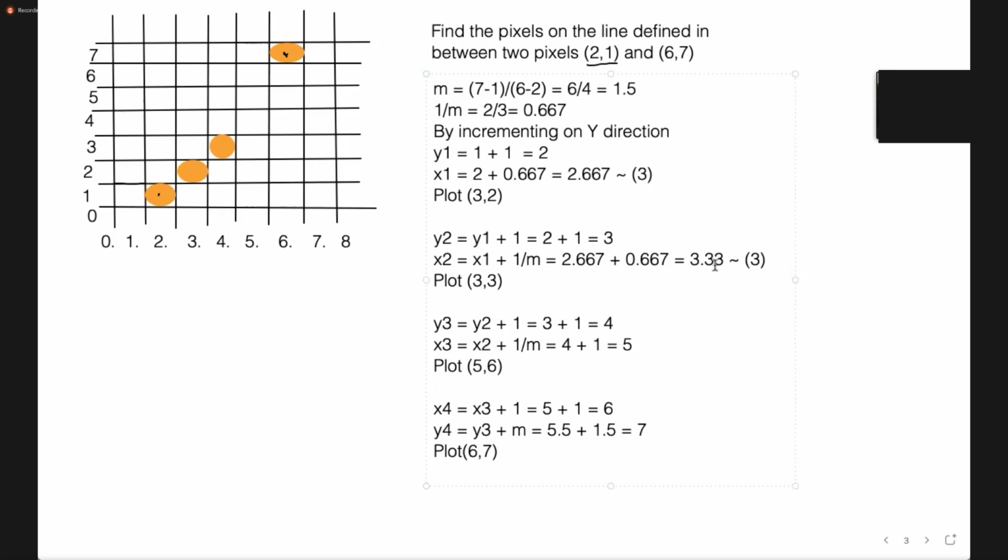X2 is 3.33 plus 0.667, then it will become 4. Then we can plot 4, 4. This is 4, 4. We can plot 4, 4 here.